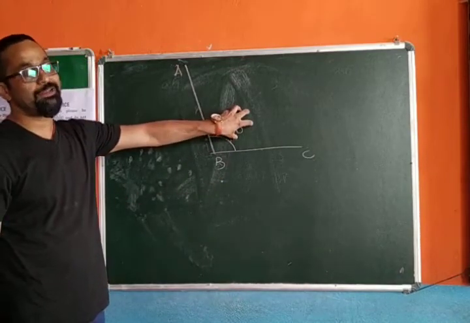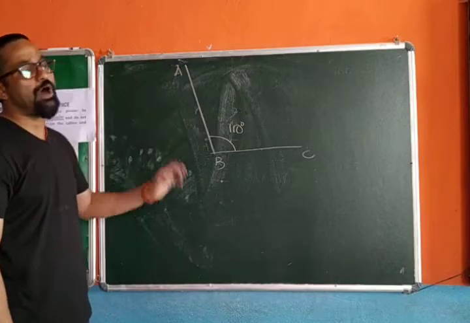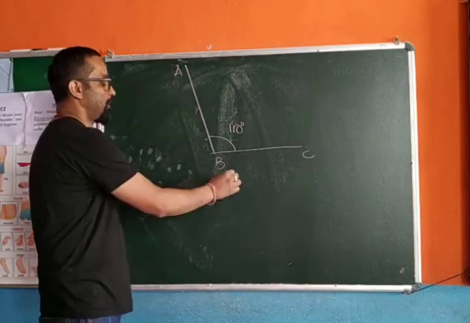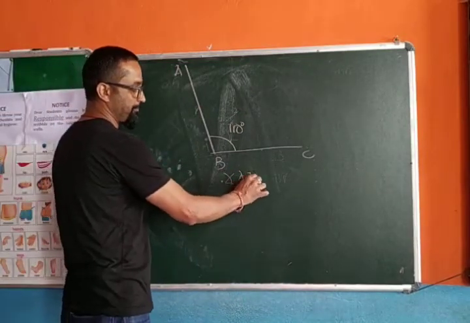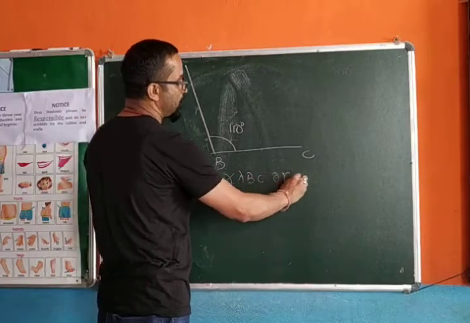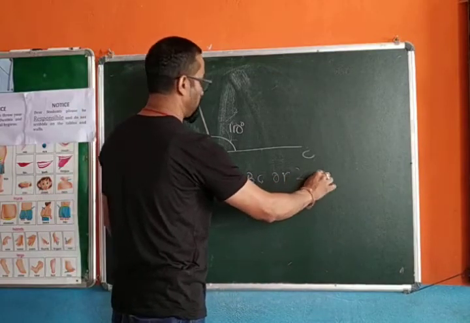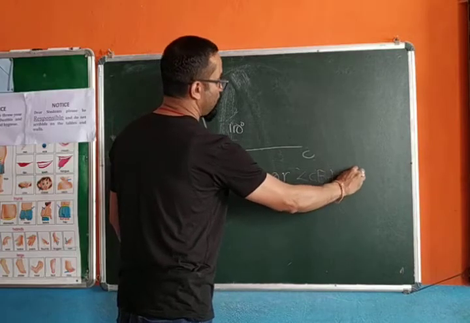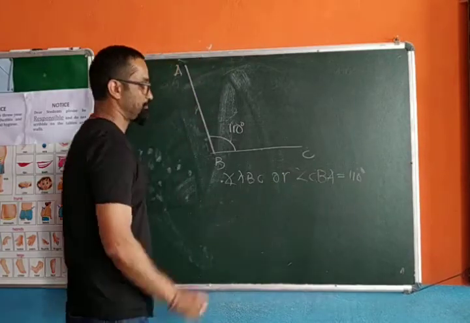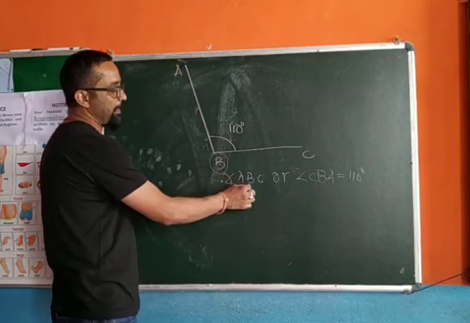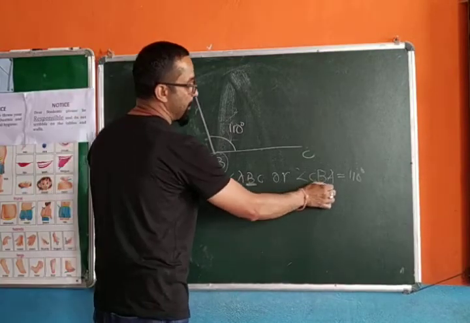Measure is more than 90, less than 180 degree, so angle ABC or angle CBA is called obtuse angle. The vertex of the angle should be in the middle of the letters.